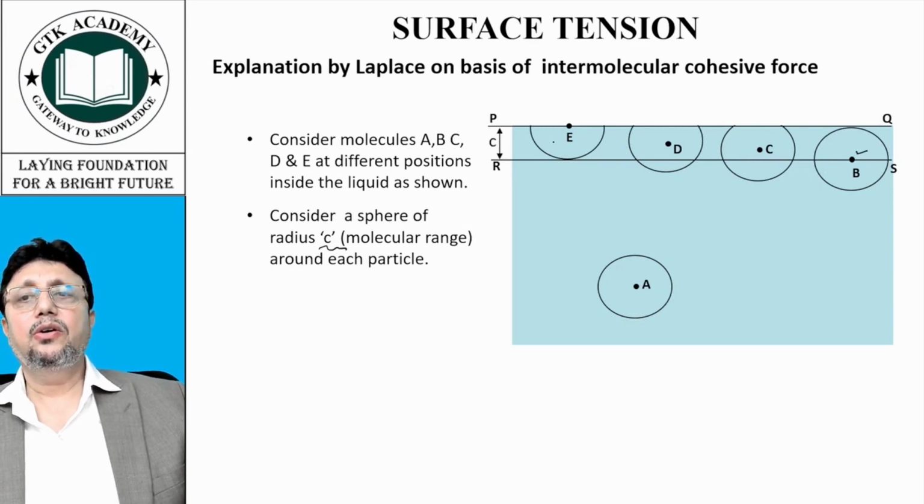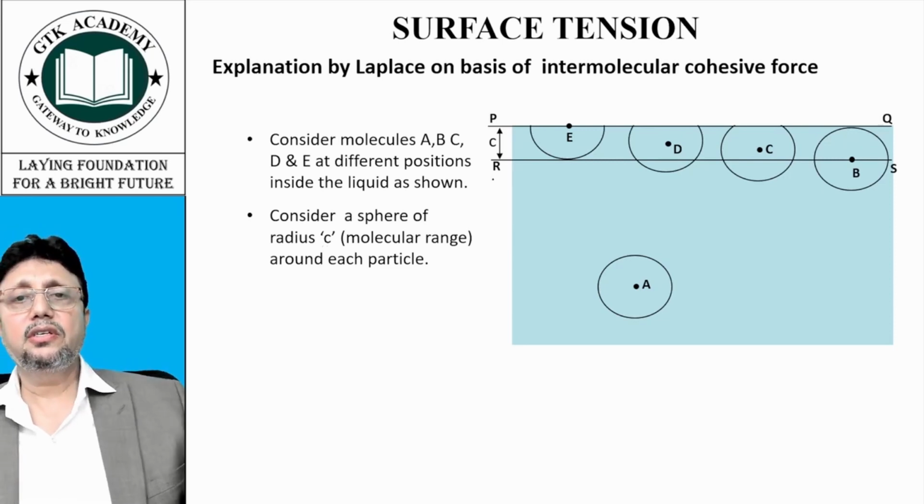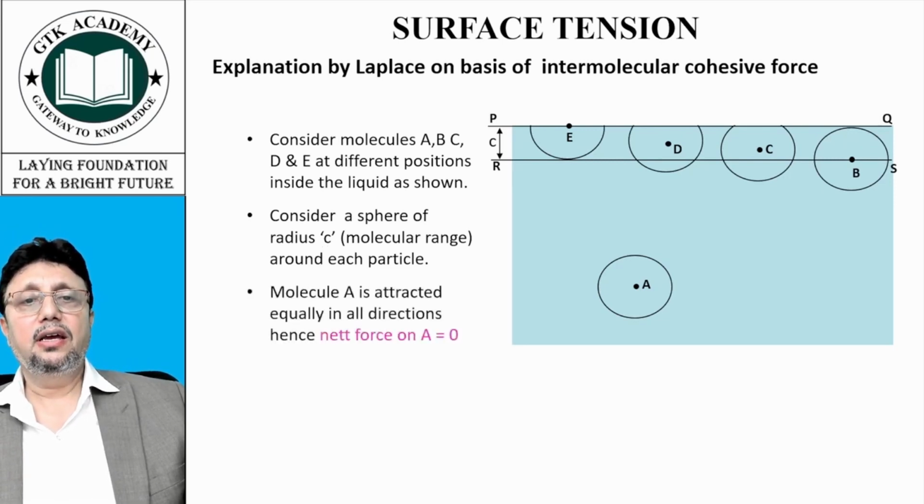And you can see this distance is C. So the distance between these two layers is C. Now molecule A, because it is inside the liquid, is attracted in all directions. So the net force on A is equal to 0 because it is inside.